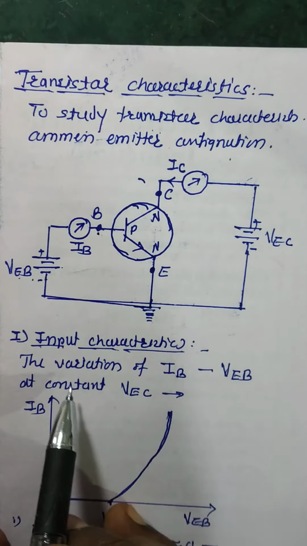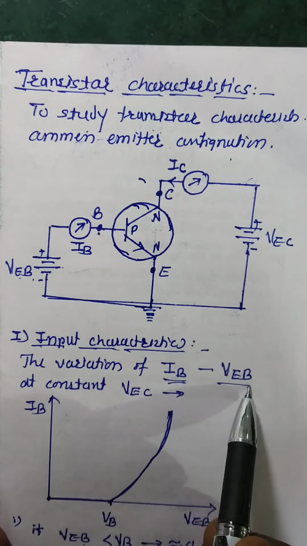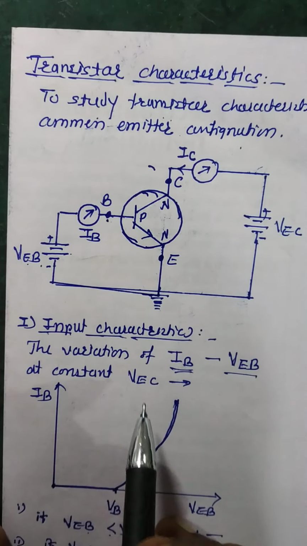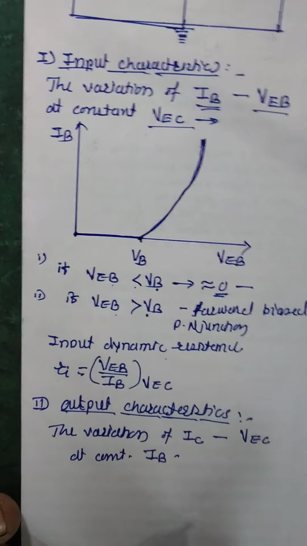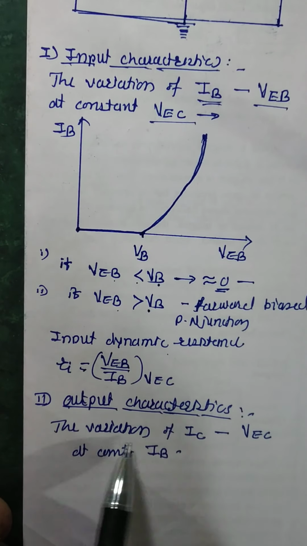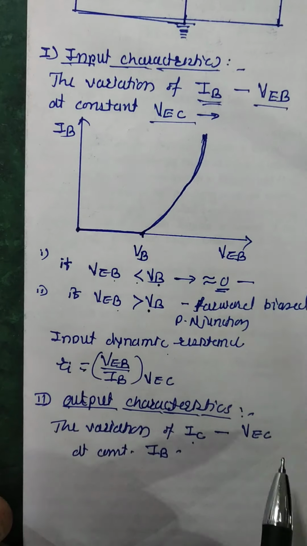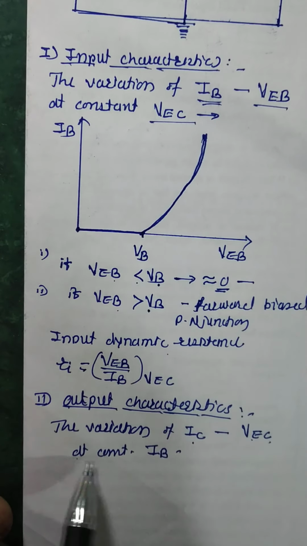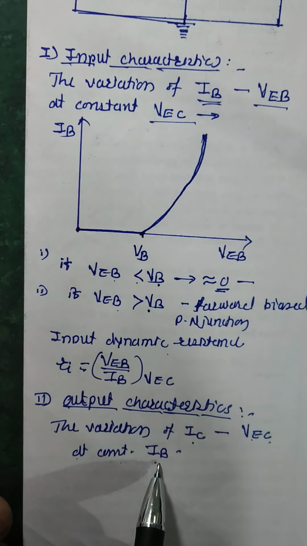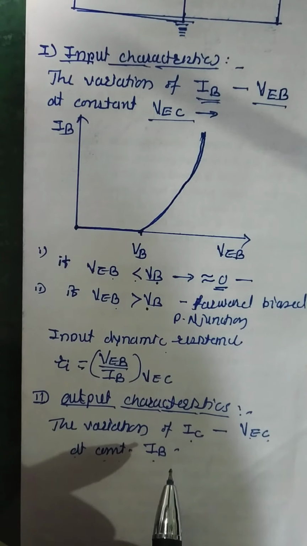Input characteristics: variation of base current with potential between emitter and base at constant potential between emitter and collector. Output characteristics: variation of collector current with potential between emitter and collector at constant base current.